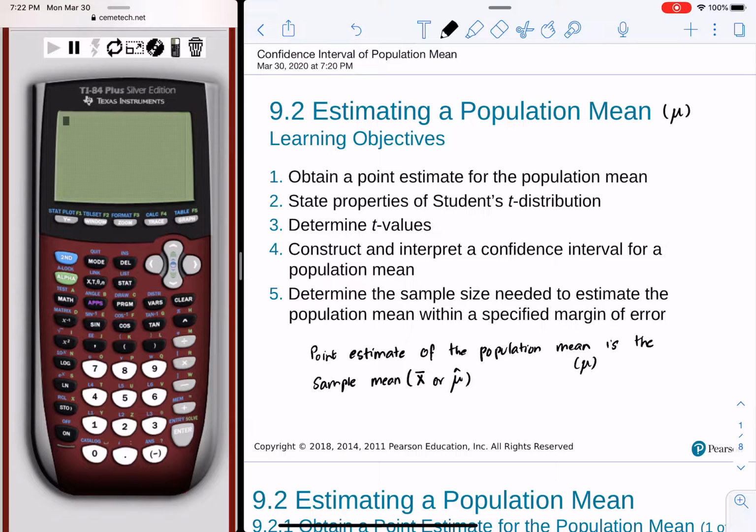So the process to find the confidence interval when we estimate an interval for the population mean is very similar to that for population proportion. The only key difference is we make use of a student t-distribution instead of a normal distribution.